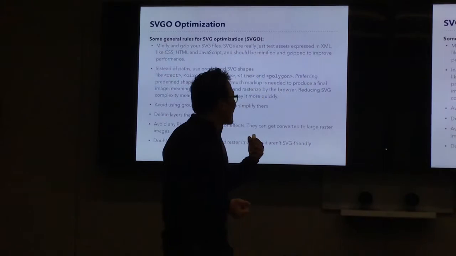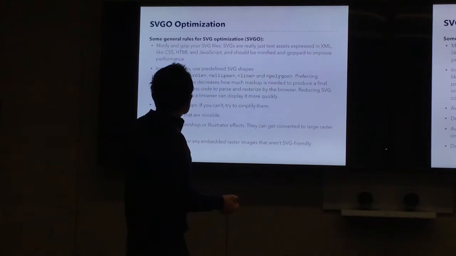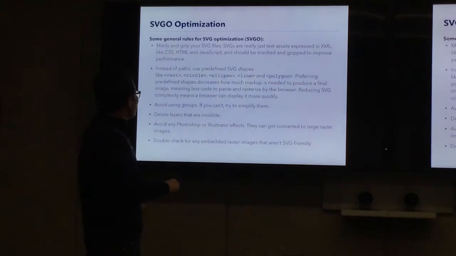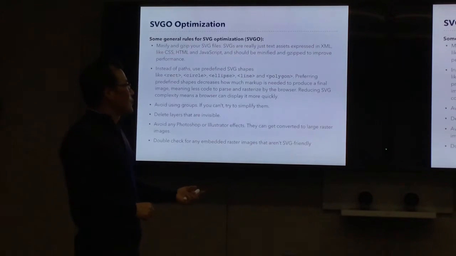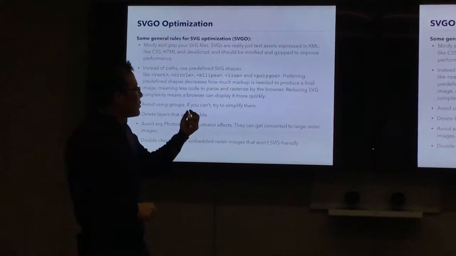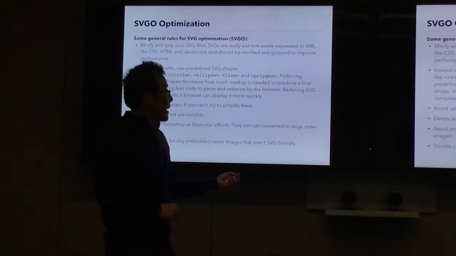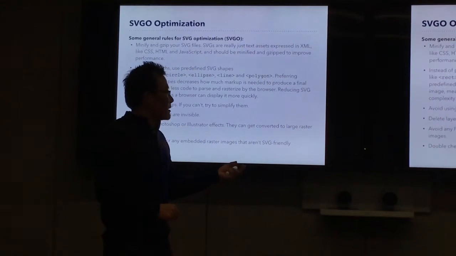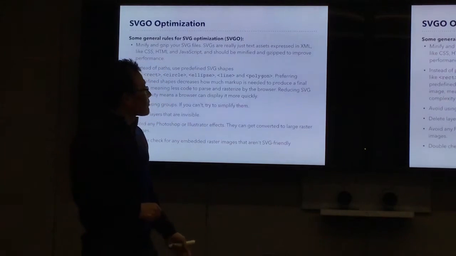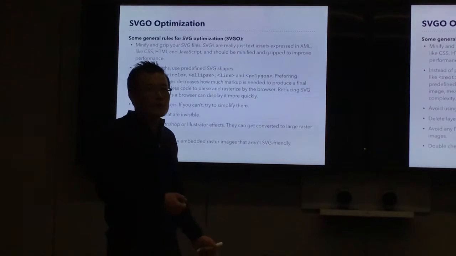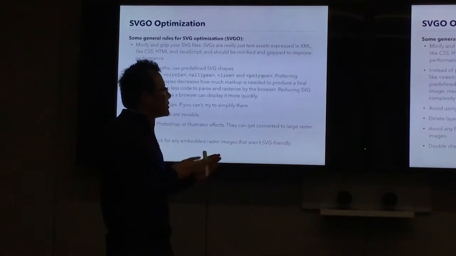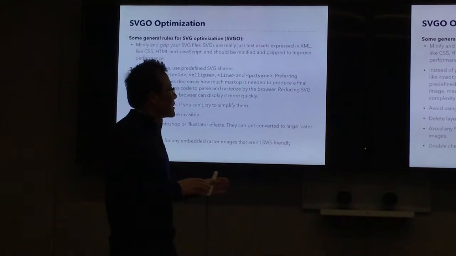This SVGO NPM module tries to analyze all the potential savings from your SVG document, and this is completely lossless. So everything you do, it will guarantee it looks the same, but saves size.